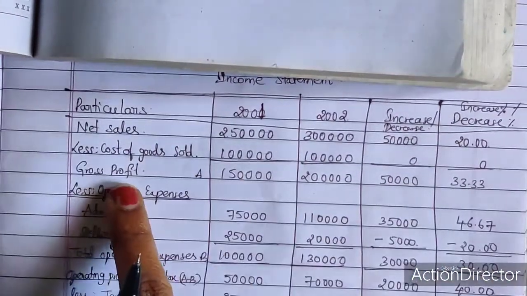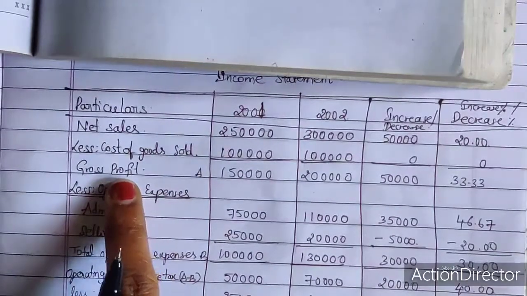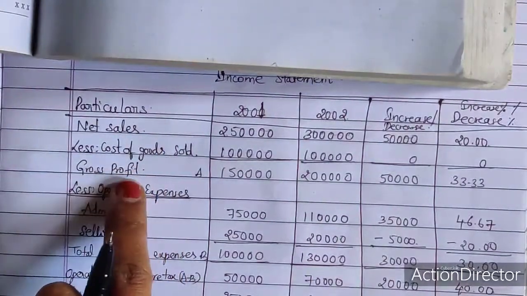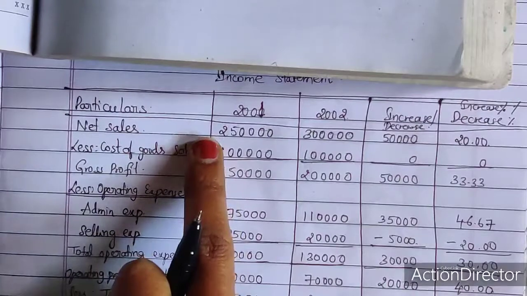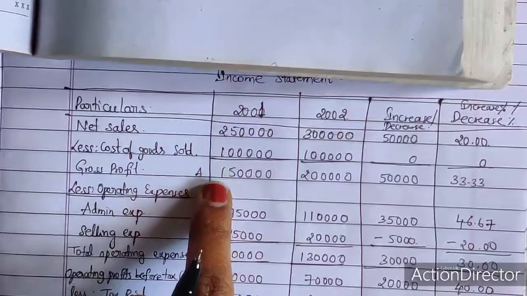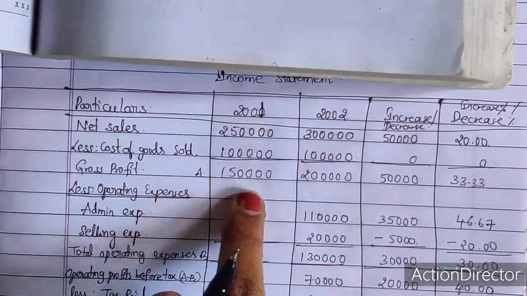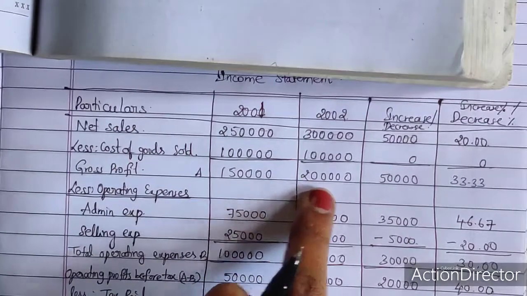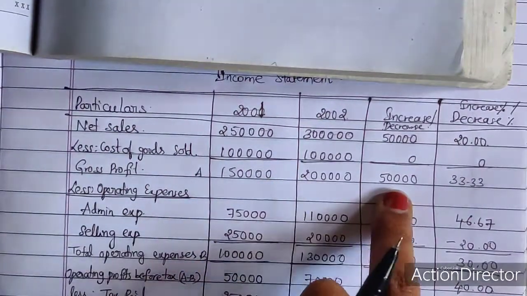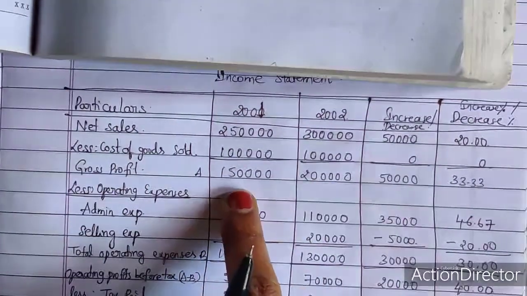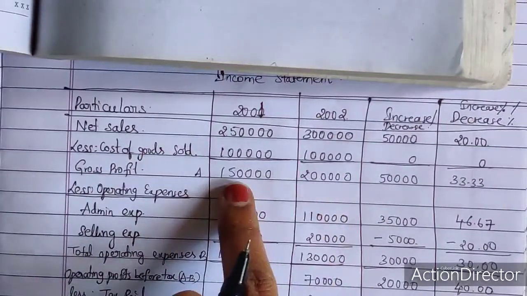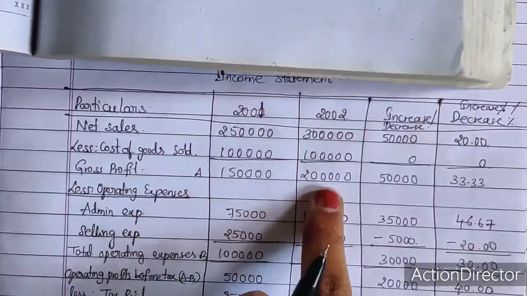So here gross profit, first we will less this from the net sales. So to get the gross profit, 2,50,000 minus 1 lakh, which gives us 1,50,000. So here 2 lakhs. So here also it is increased from 1,50,000 to 2 lakhs.